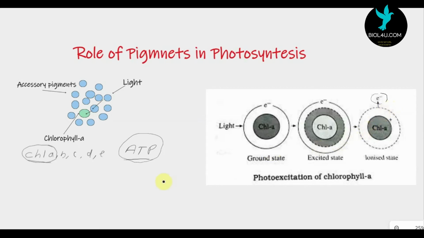Then chlorophyll B and carotenoid absorb light energy, and then all this is transferred to the chlorophyll A molecule, with the accessory pigments helping for that. These pigments act as an antennae pigment complex, and it helps to harvest the light energy and transfer it to chlorophyll A. Carotenoid also does that and helps to prevent the photo-oxidation of chlorophyll A. Okay, so these are the accessory pigments and the reaction center, which is chlorophyll A. All these together form a system that is known as the photosystem or photopigment system.